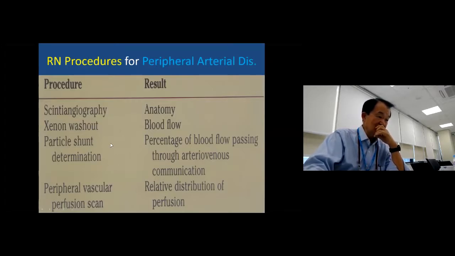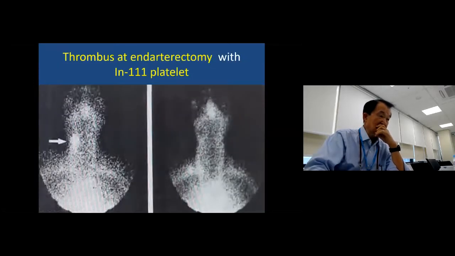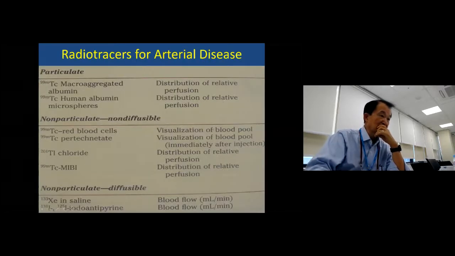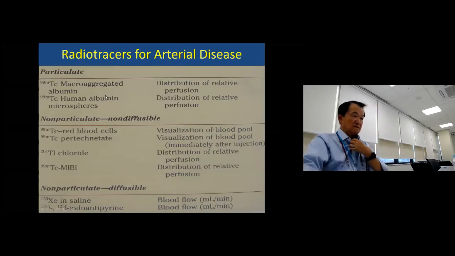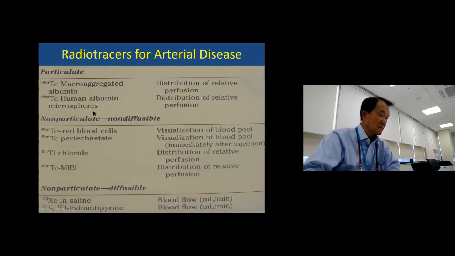peripheral arterial disease, we had thallium in the past, but the Indium platelet is a platelet accumulation, and certainly MAA, microsphere, non-particle red cell.